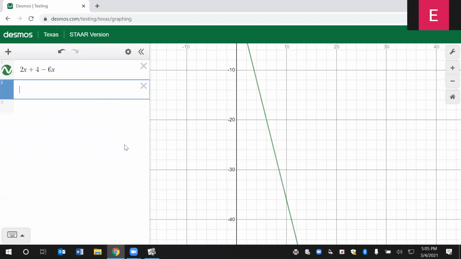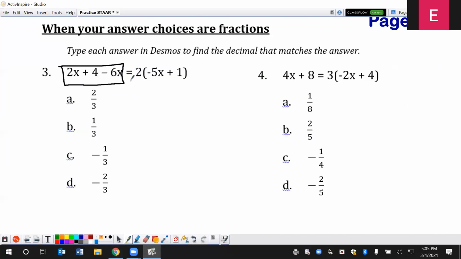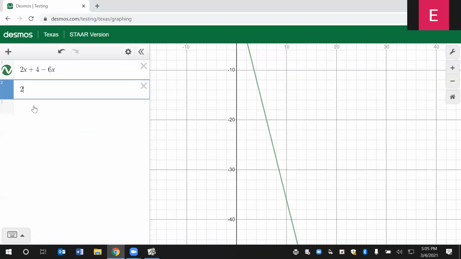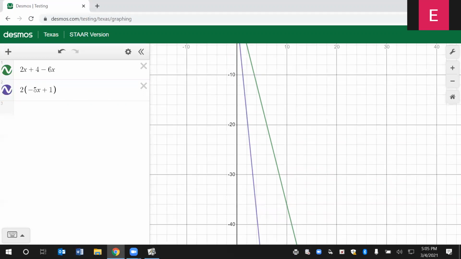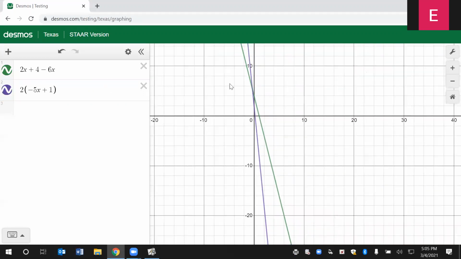And on the second line, I'm going to graph the right side. 2 parentheses, negative 5x plus 1. Okay, so those are my two lines. I'm going to find the point where they intersect and click on it.